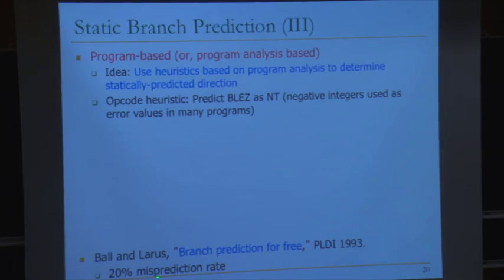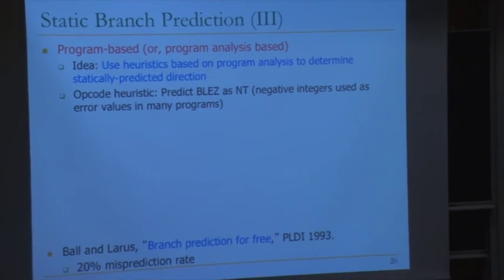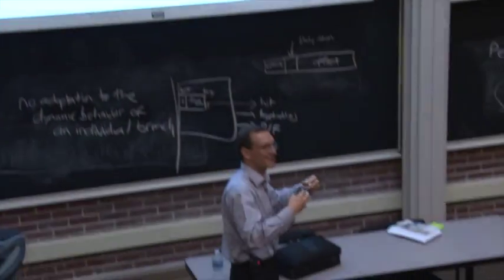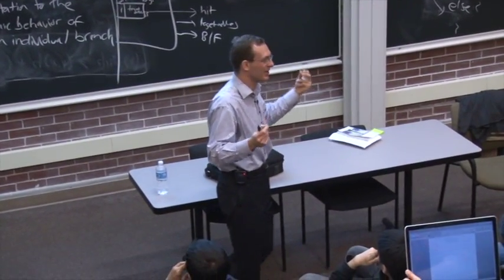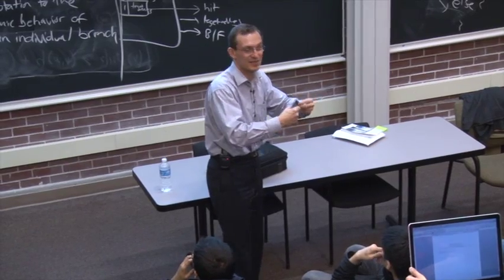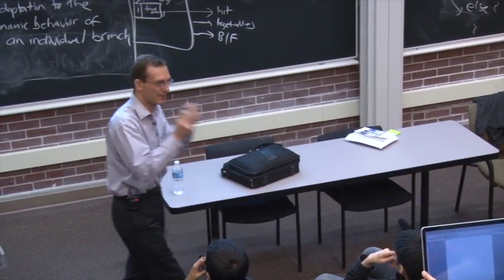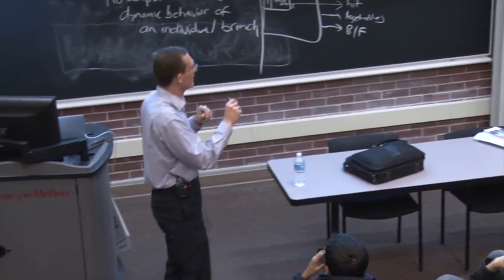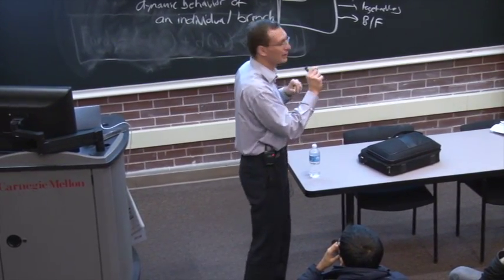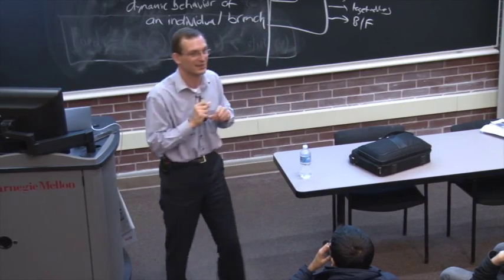And Ball and Larus determined that this is the case across many programs. Not based on profiling, but based on, one could say, intuition, or maybe past experience, right? But you can encode that into the compiler as a heuristic. So that's one example. That's beyond the compiler coding a loop branch as likely taken.